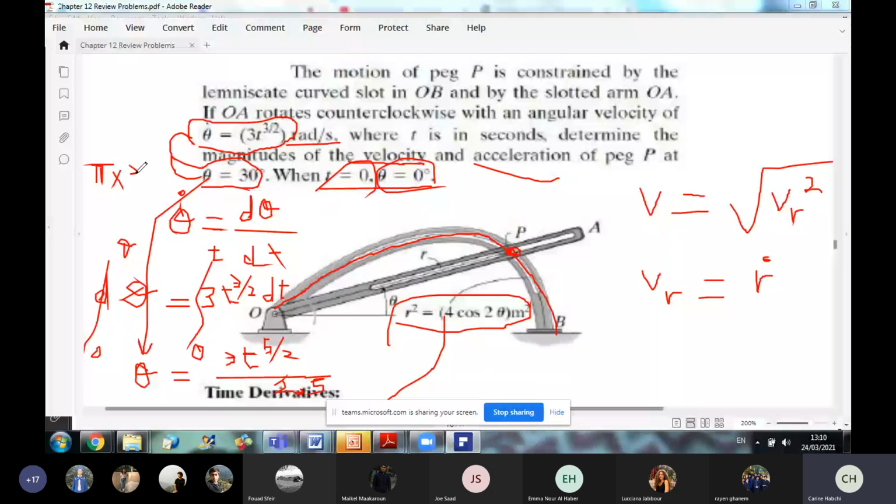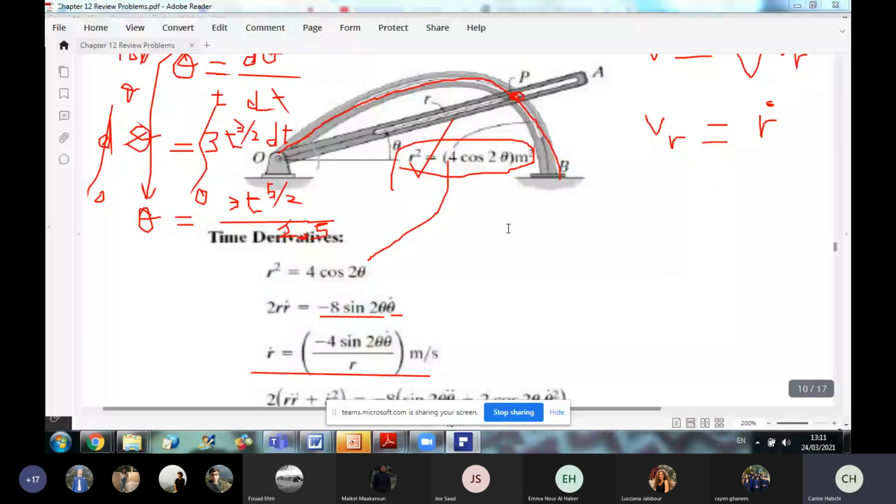By replacing the angle theta by pi over 6, you can get the corresponding time. Once you get the corresponding time, you replace t by its value in the theta dot expression and you get the value of theta dot. And once you also have theta as pi over 6, you replace it in the equation of r here, and you get the value of r. So now, going back to my expression here, I already got theta as pi over 6.